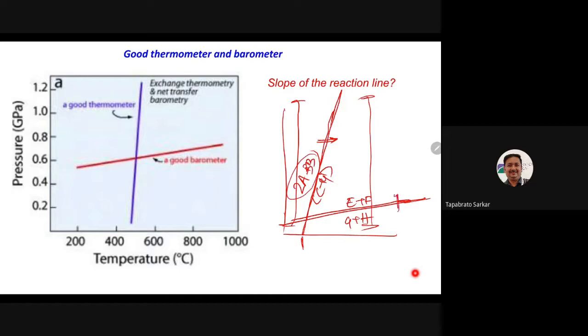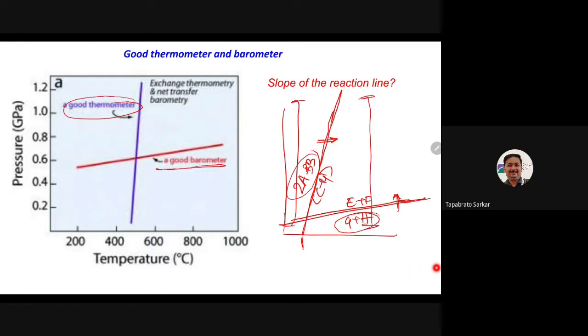If we change the pressure a bit, we go from one assemblage to the other, so we can know whether we are below or above a particular pressure just from the mineral assemblage. The reactions which are sensitive to pressure are good barometers. The ones which are sensitive to temperature, which have a steeper slope, are good thermometers.